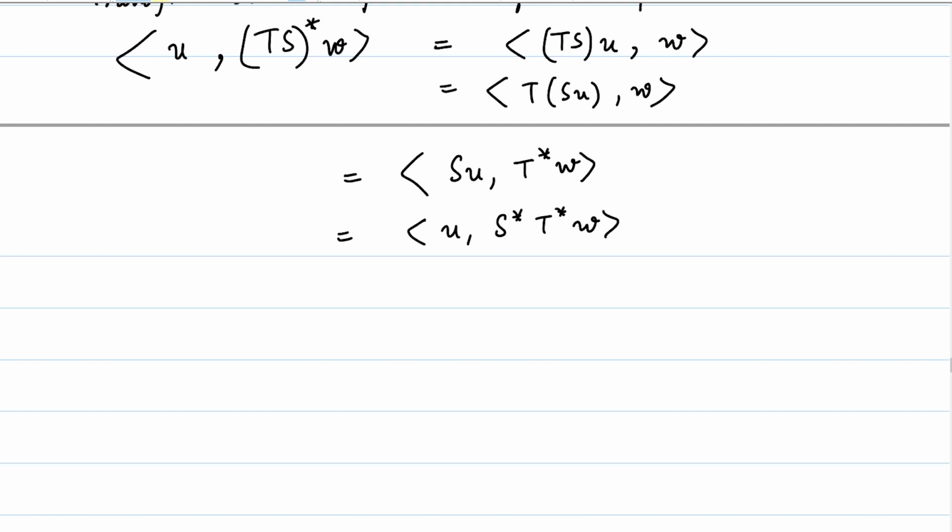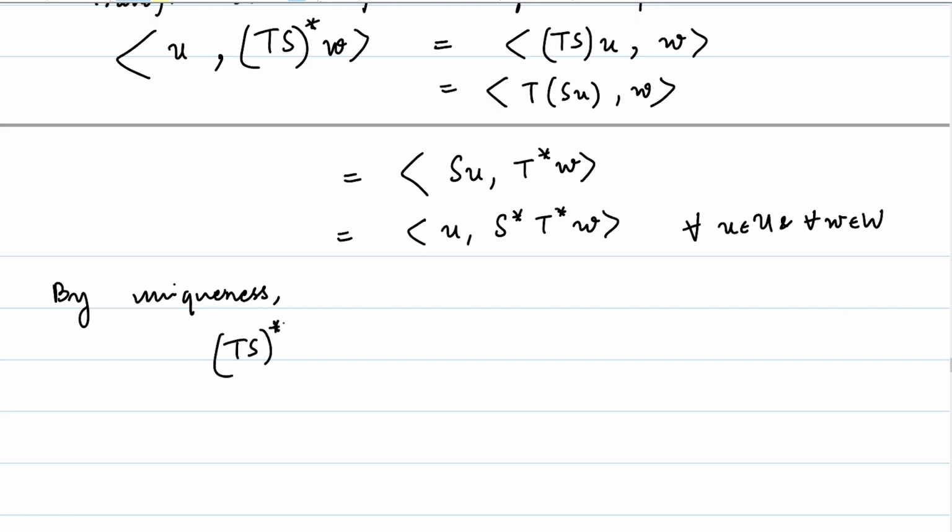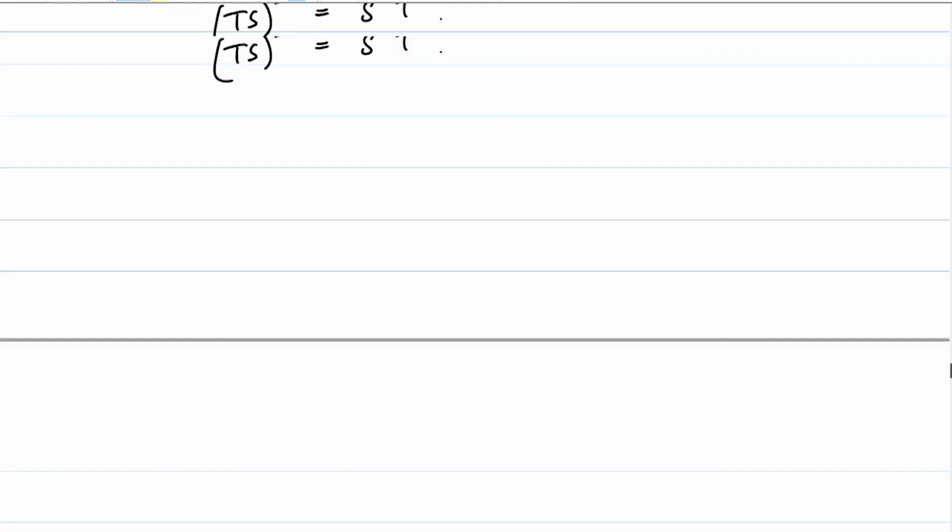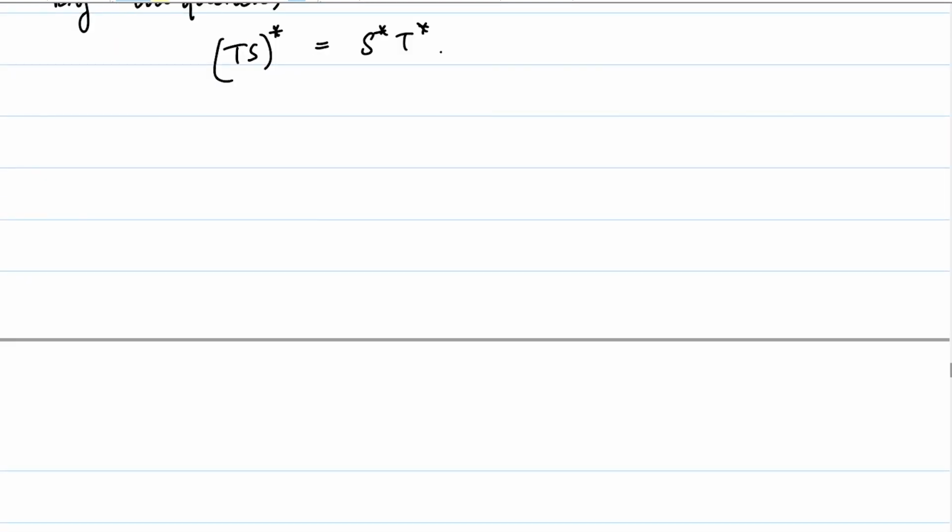Notice that again we are now in the vector space capital U. Okay, so this is true for all U in capital U and for all W in capital W. So in particular, by uniqueness, I'll not write too much and I'll just say that (TS)* is equal to S* times T*. This is the way in which the adjoint behaves for compositions.